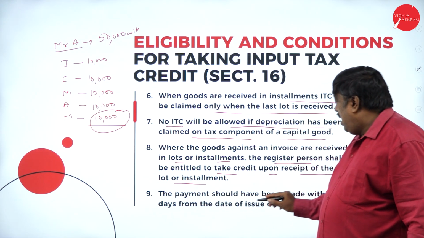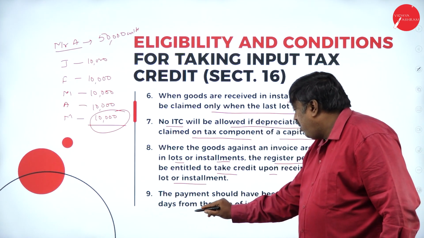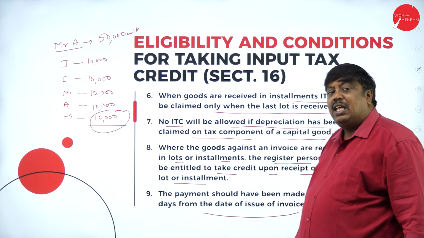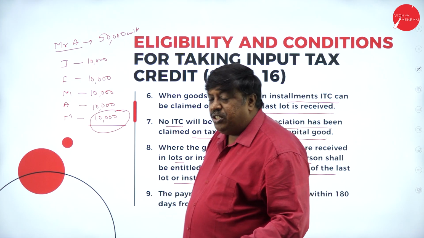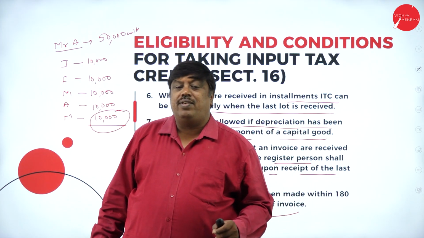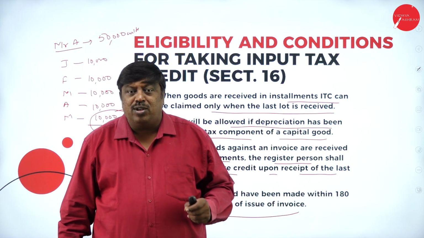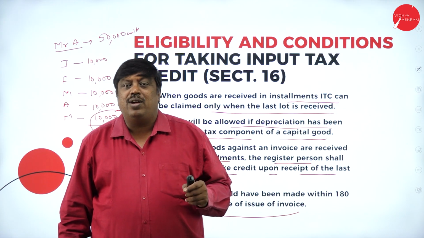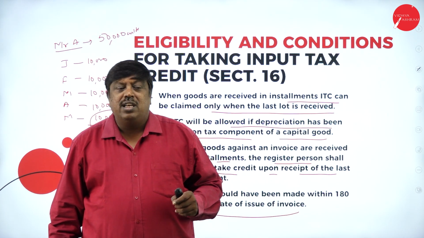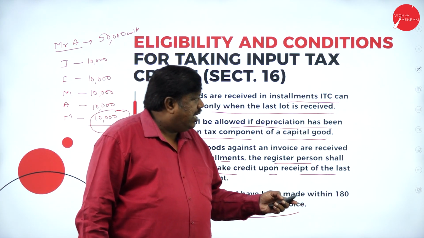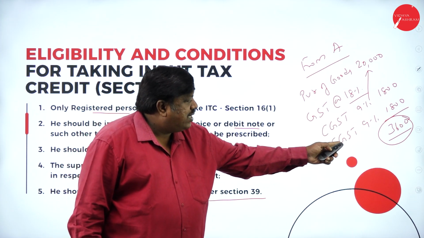The payment should have been made within 180 days from the date of issue of invoice. They're saying that as per GST norms, when the invoice is raised, like for example, in the previous example, this is 3,600.